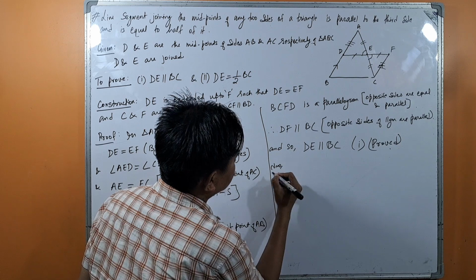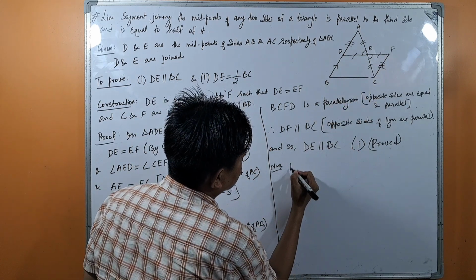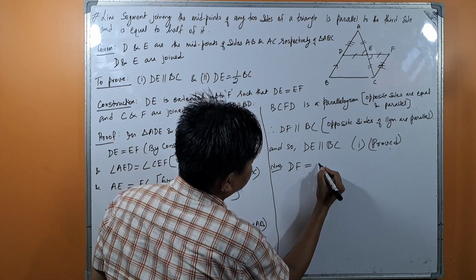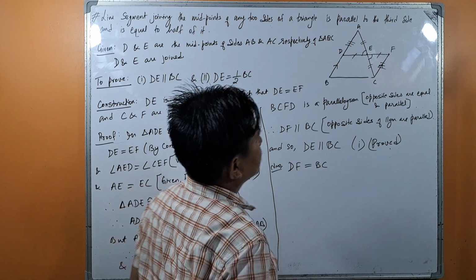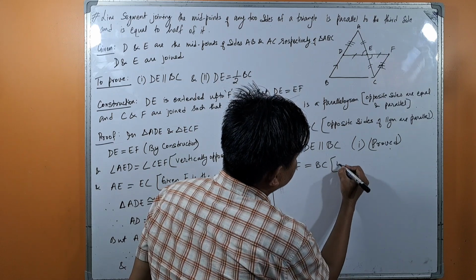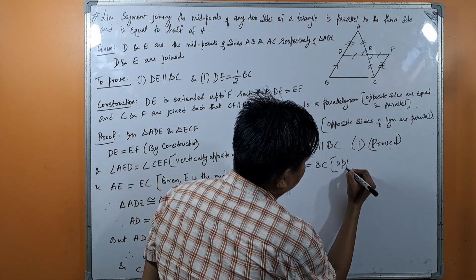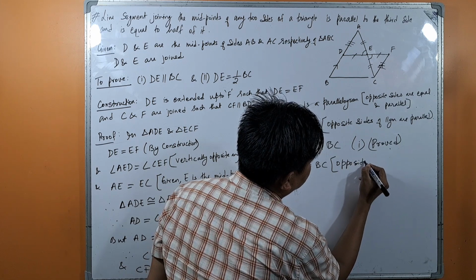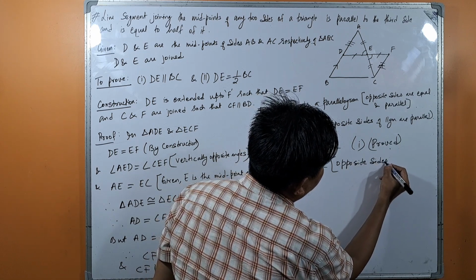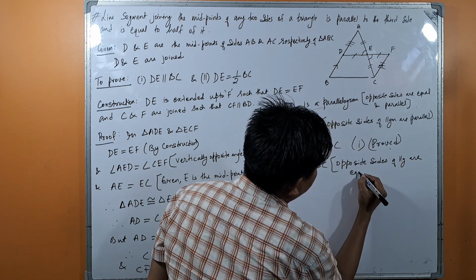Now DF is equal to BC, isn't it? DF equal to BC, we can say this. DF and BC are equal to each other because opposite sides of a parallelogram are equal to each other, isn't it?